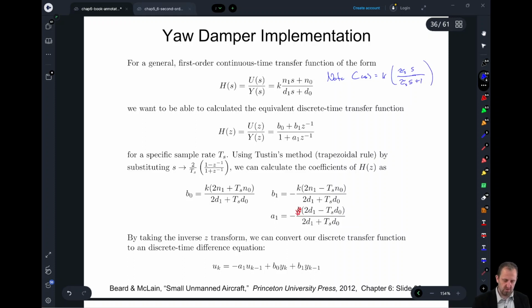So that's what we're using for our yaw damper implementation. So in other words, this guy is equal to 0, this guy is equal to 1, tau sub s, and this guy is equal to 1.